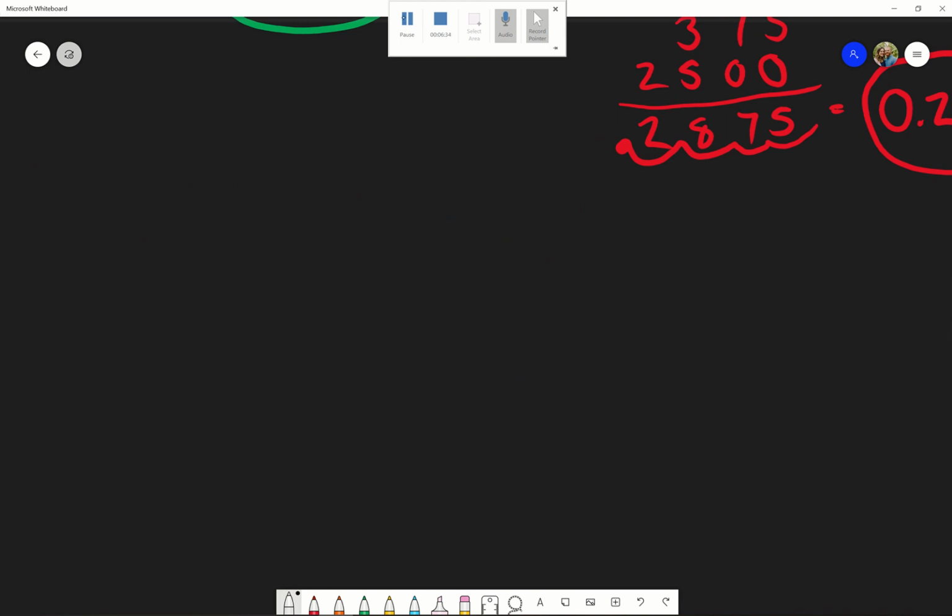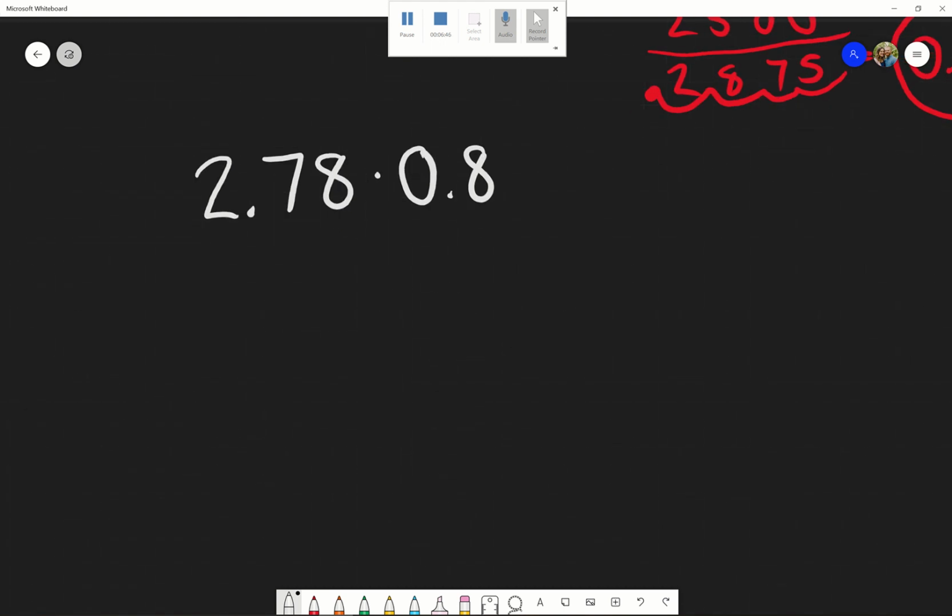If I had 2.78 times 0.8, how many places am I going to bring my decimal in at the very end of this problem? Yes, 3 places. Can anyone tell me what my answer will be?